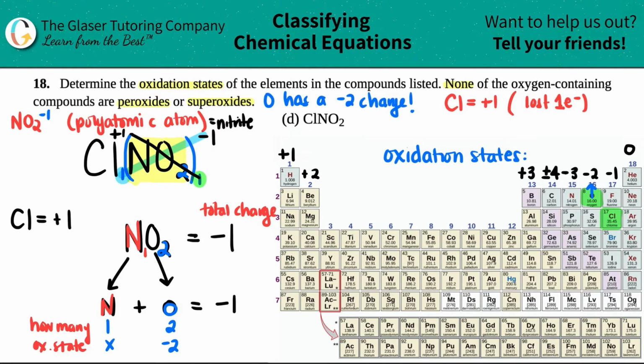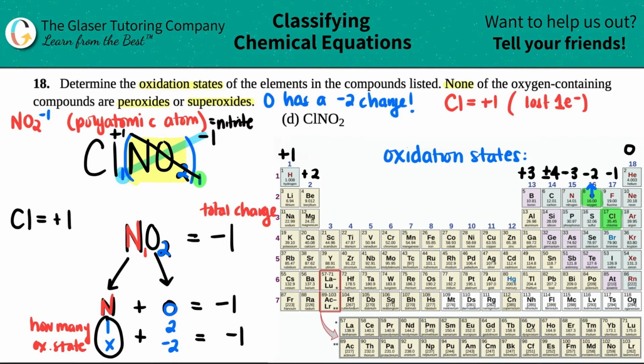Now, the addition of these, right, the nitrogen plus the oxygen equals the -1. What you're going to do is you're just going to multiply these two things together. So you multiply everything you know about nitrogen and everything that you know about oxygen to make a nice little algebraic expression.